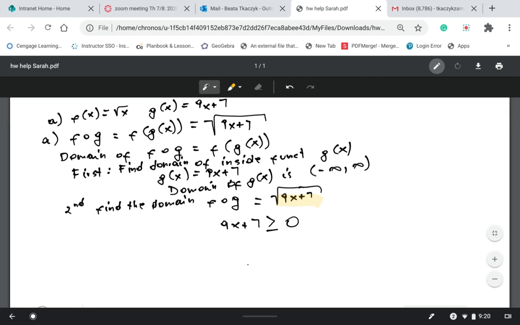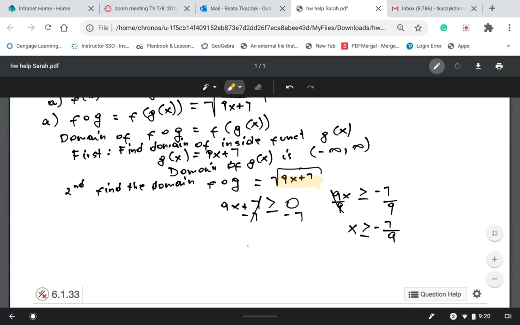So to find the domain of this composition, we just solve the inequality for x. We subtract 7 from both sides, and we're getting 9x is greater or equal negative 7, divide each by 9, and we're getting that x is greater or equal negative 7 over 9.